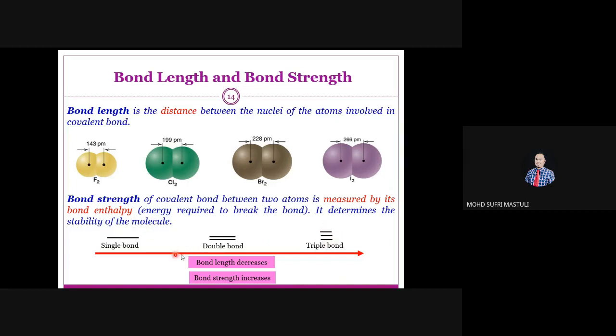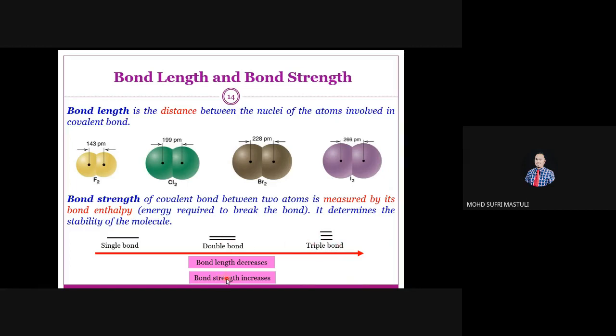This is my analogy, no hard feelings. So increasing the number of bonds, single, double, and triple, the length decreases, from the longest to the shortest.